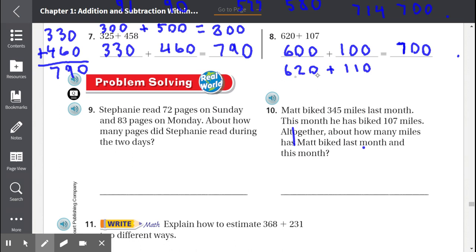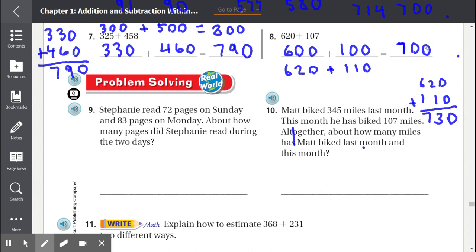Now, when we add it vertically, 620 plus 110, we get 0 plus 0 equals 0, 2 plus 1 equals 3, 6 plus 1 equals 7.